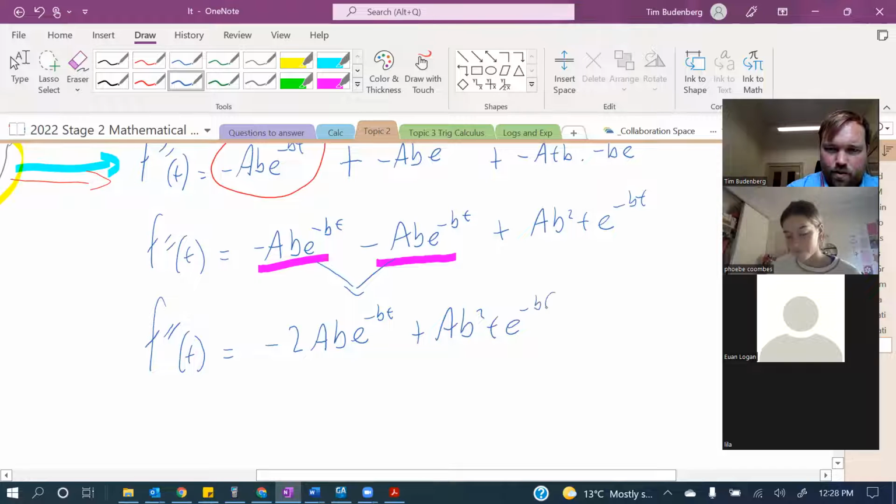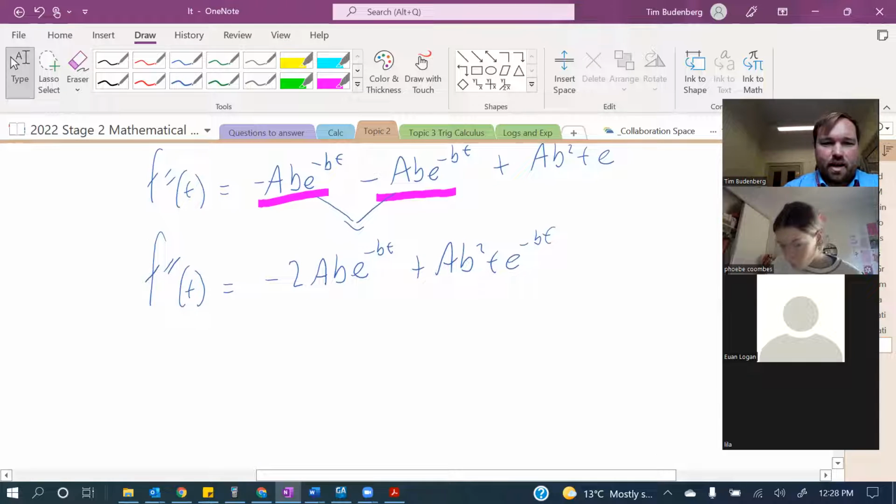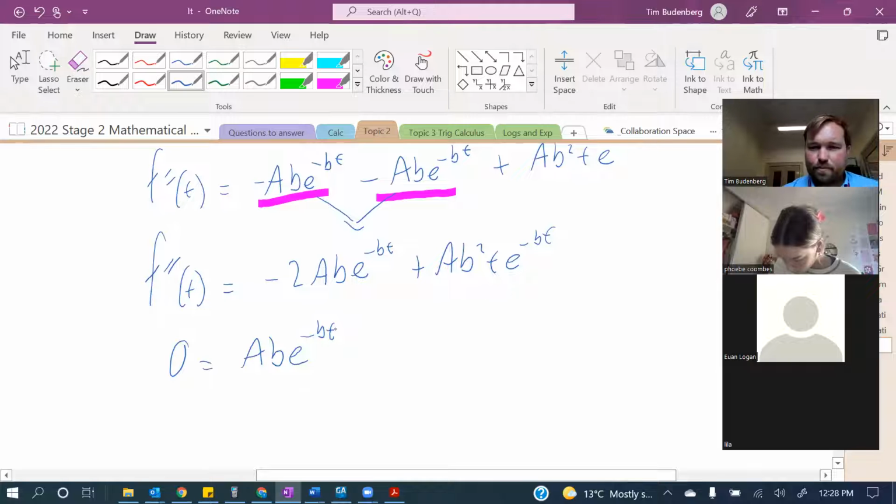Then we take out every common factor we can and set it equal to 0. I think we can take out an A and a B from both, and an e to the minus BT from both. What remains is minus 2 plus BT. There's another B left there, isn't there?